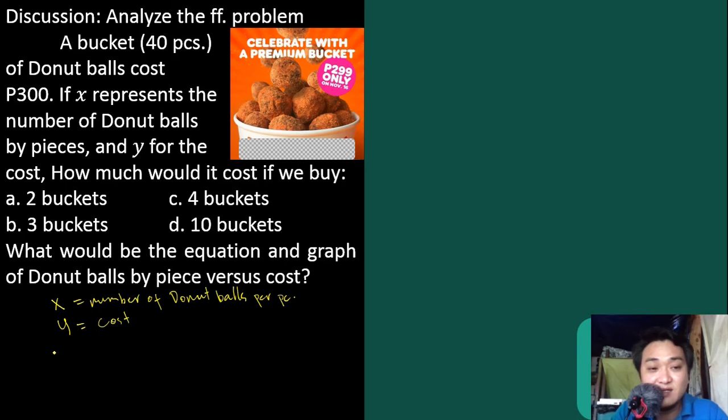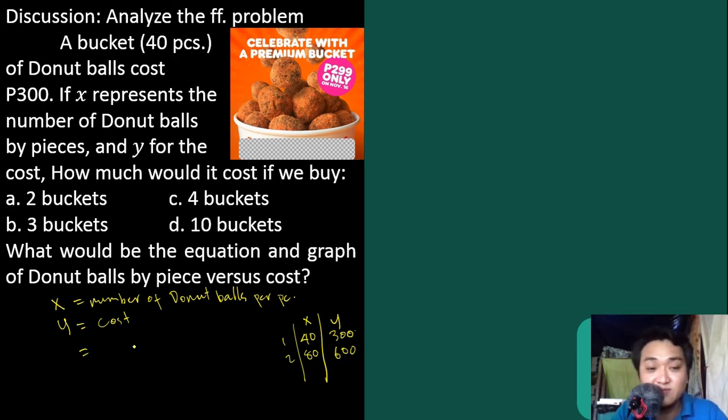Simple lang, magkano ba basta kumuha tayo ng 40. Syempre pagka x and y, pag kumuha ka ng 40, isang bucket yon, 300 pesos. Pagka kumuha ka ng let's say 2 bucket, so isang bucket, 2 bucket, 80 yung laman. So that is 600 pesos.